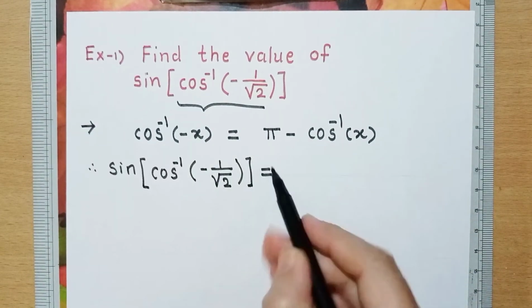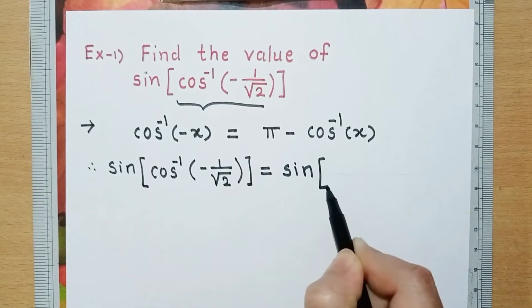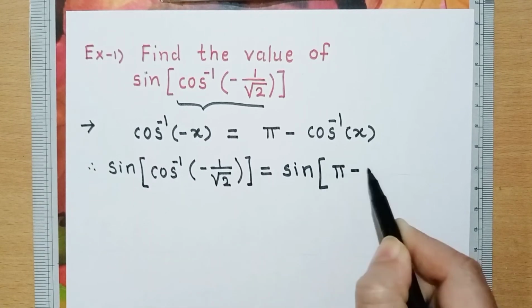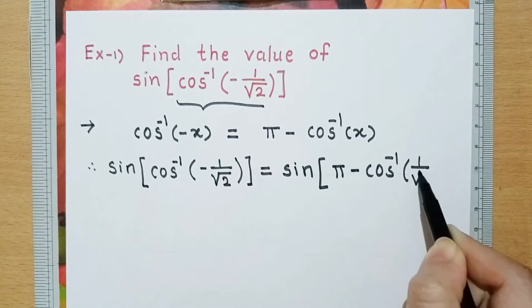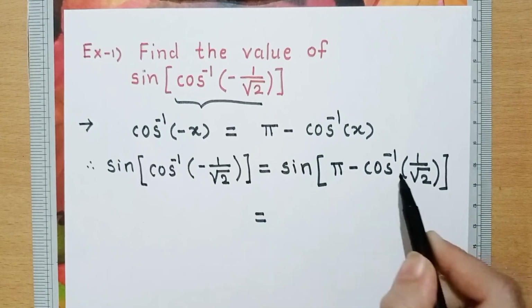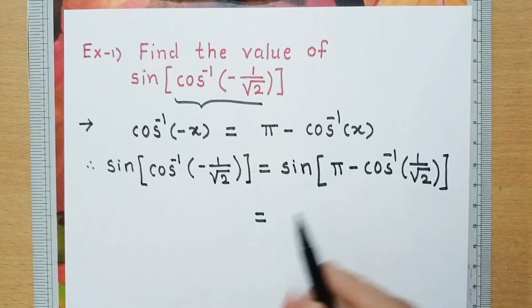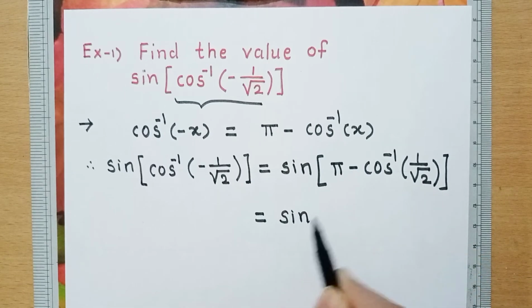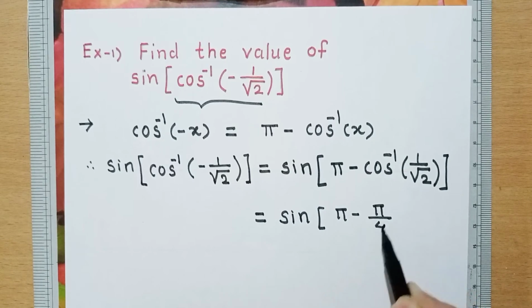So by this formula we will write this as equal to pi minus cos inverse of 1 upon root 2. And we know that cos inverse of 1 upon root 2 is pi by 4. So I'll write here sine of pi minus pi by 4.